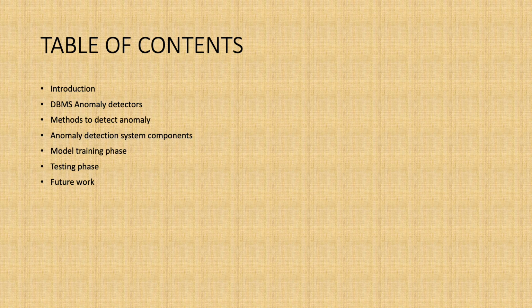And the next slide is going to be about our testing phase. We are going to talk about what we have used for testing, what metrics we have used in general. The last slide is going to be about what we are looking forward to doing in the future.